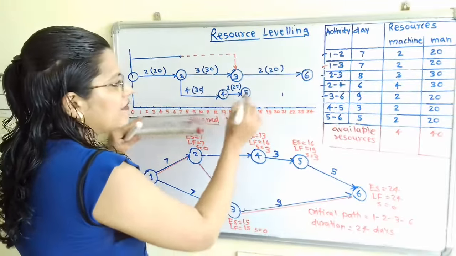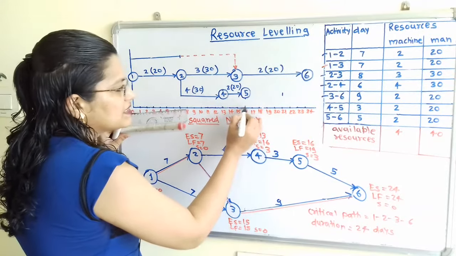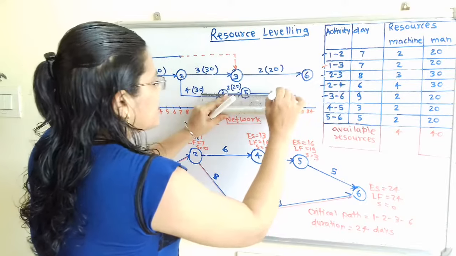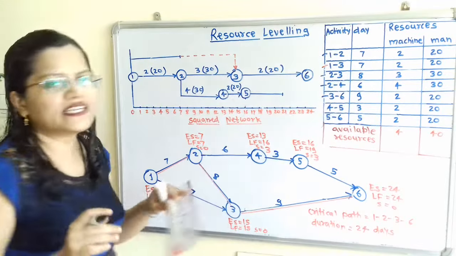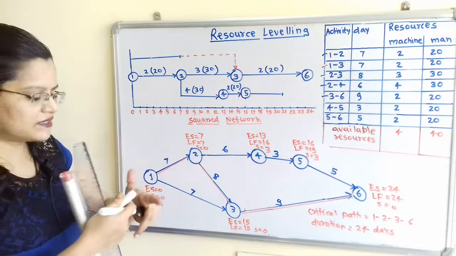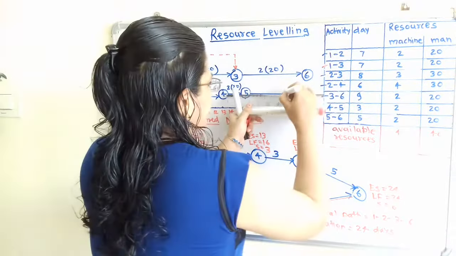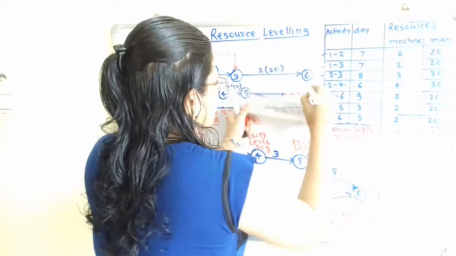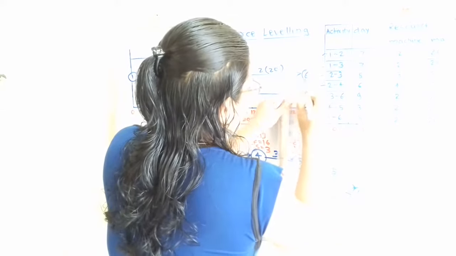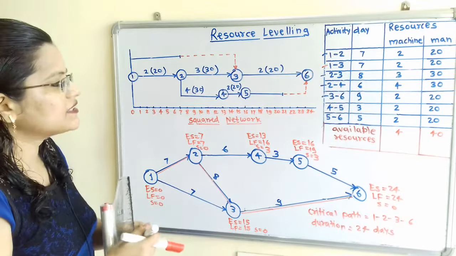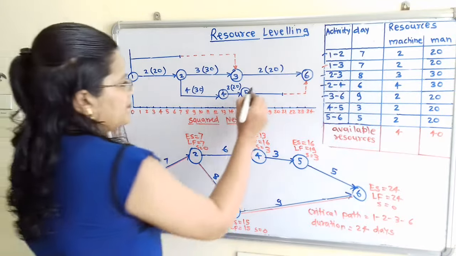So if this activity starts from the 16th day, it will complete at the 21st day. Then we have to reach node number 6, so we have to show the dotted lines. Now we will show the resources, that is 2 and 20.